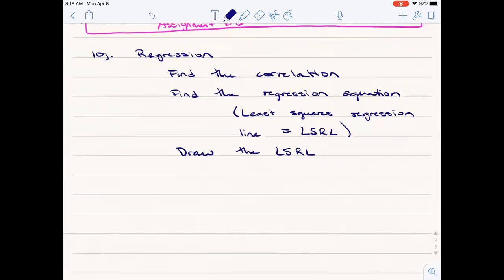And then predict a value of y given a value of x. You have to keep track of, okay, so is this x value within the range of my data, right? Or is it, if it's outside the range of my data, then you have to be more careful, right? Because then you're extrapolating, making your prediction less reliable.